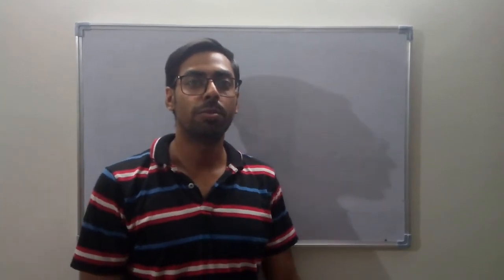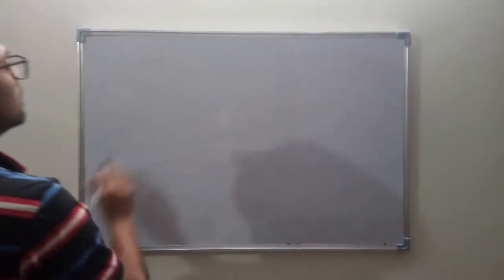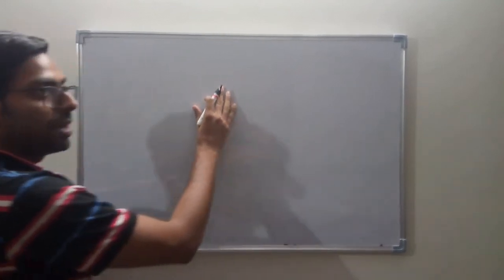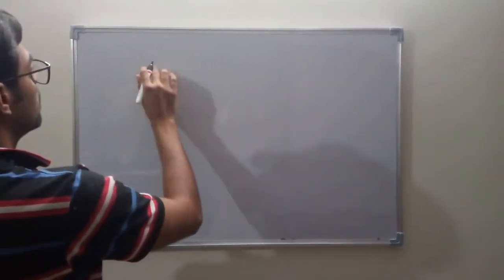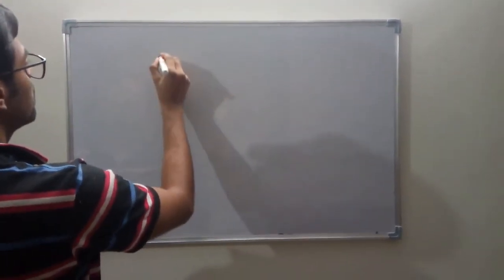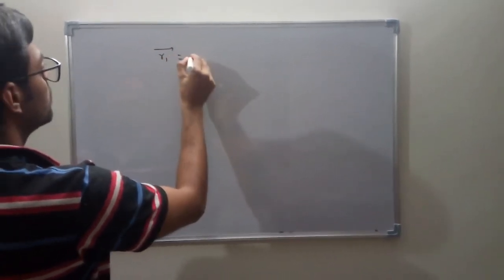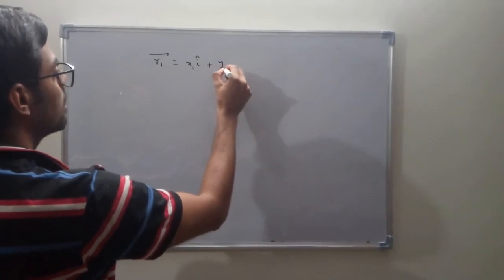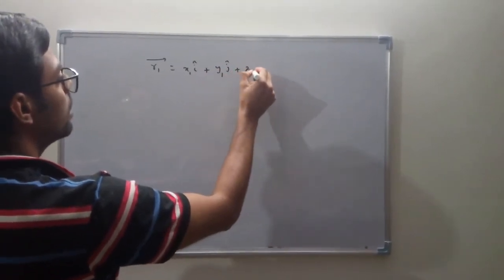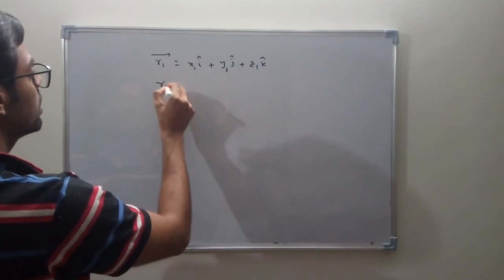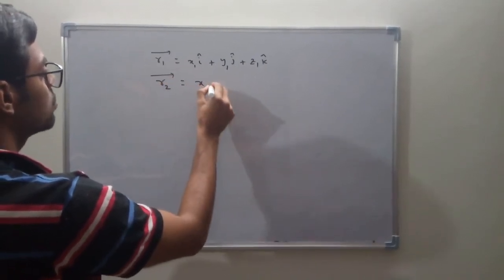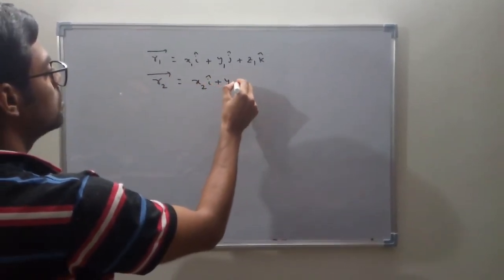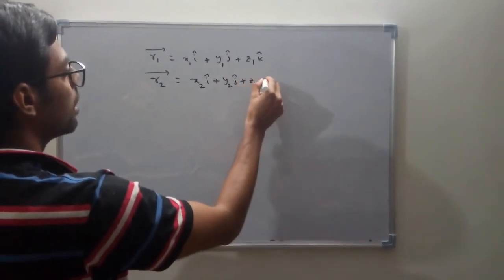So for the dot product and cross product of two vectors a and b, we have defined the mathematical form. Now in practical cases, let us take two vectors, r1 vector which is given by x1 i hat plus y1 j hat plus z1 k hat, and another vector r2 vector which is given by x2 i hat plus y2 j hat plus z2 k hat.